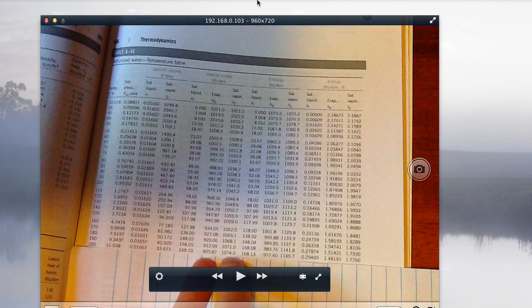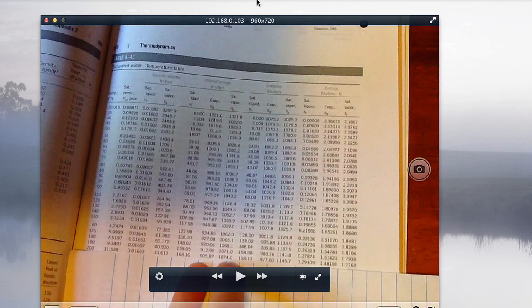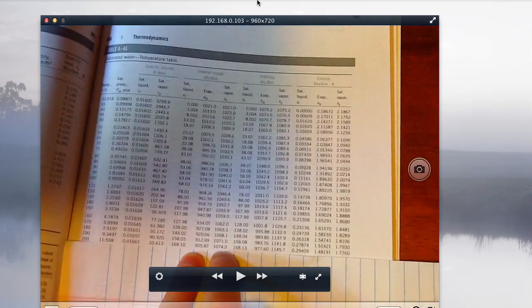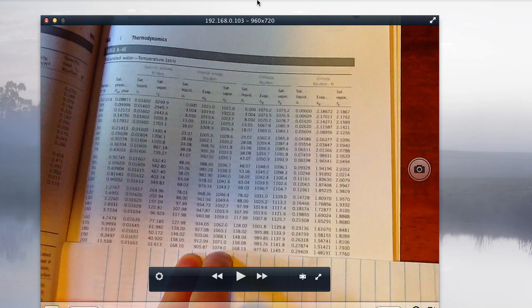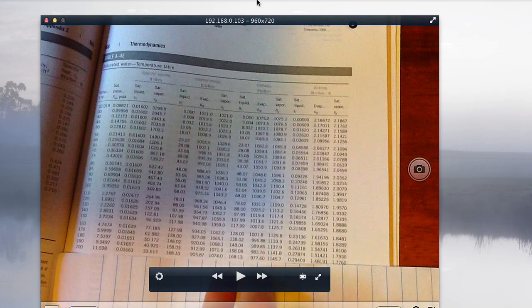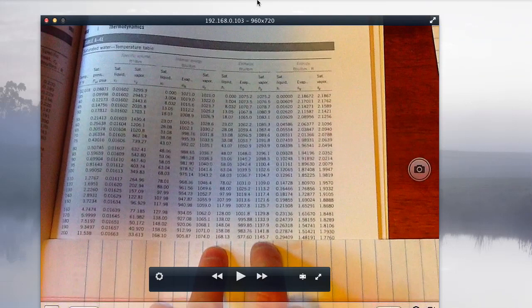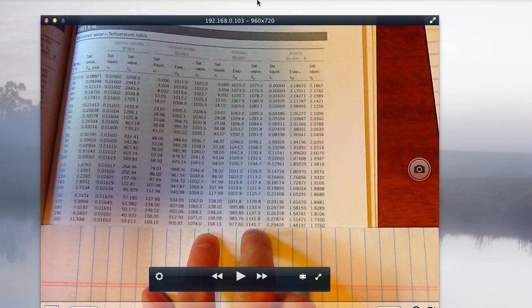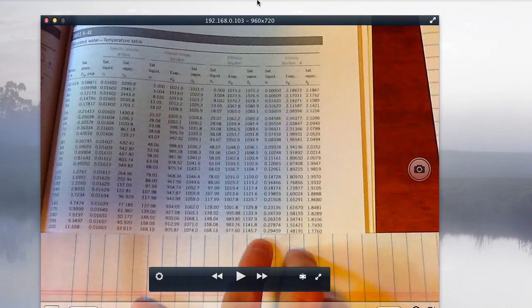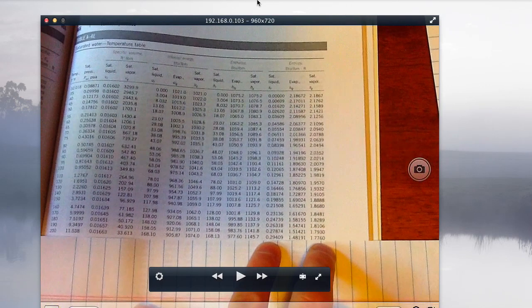This one here is U sub fg, the difference between saturated vapor and saturated liquid internal energy. And then this one here is the saturated vapor internal energy. And then we have the same three pieces of information for enthalpy here, from the 168.13 to 1145.7. And then we have the same three pieces of information for entropy here.